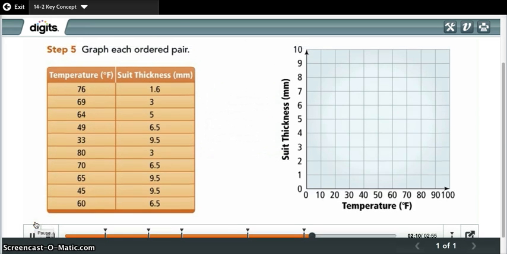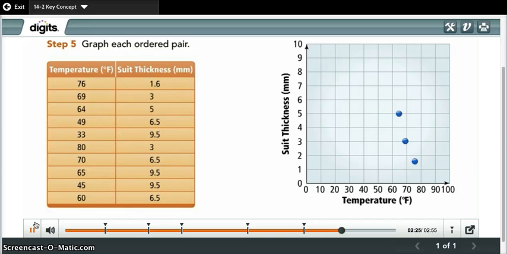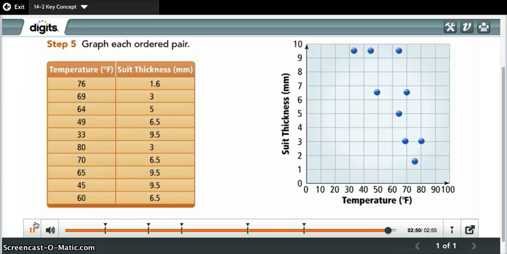Step 5. Graph each ordered pair. All right, so note that this is not a straight line graph, it's a scatter plot.